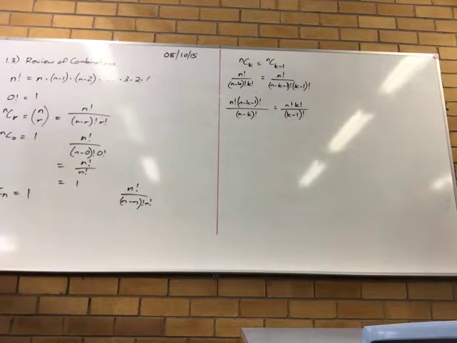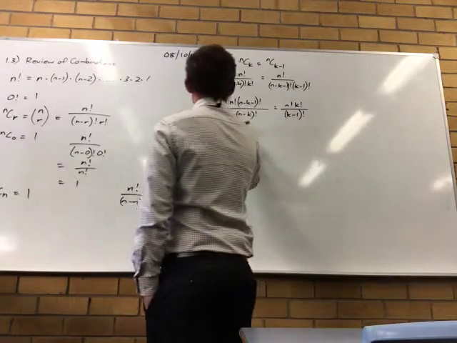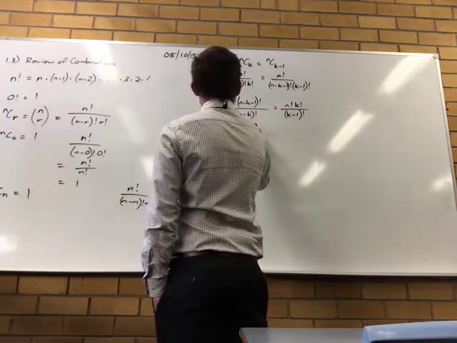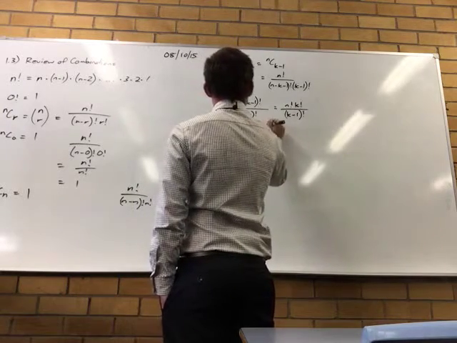Probably should have really done n factorial, n take away k take away 1.